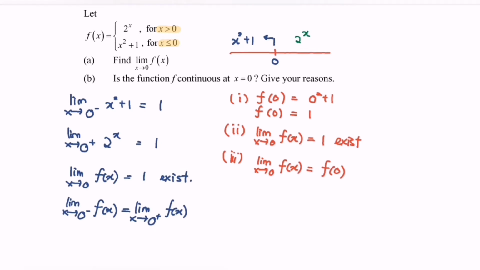Since we have now satisfied conditions number 1, number 2, and number 3, we can say that f(x) is continuous at x equals 0. So here we are, and thanks for watching.